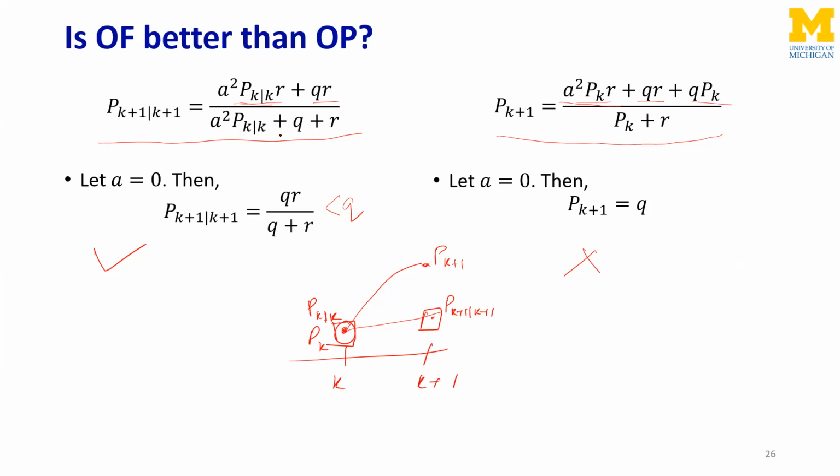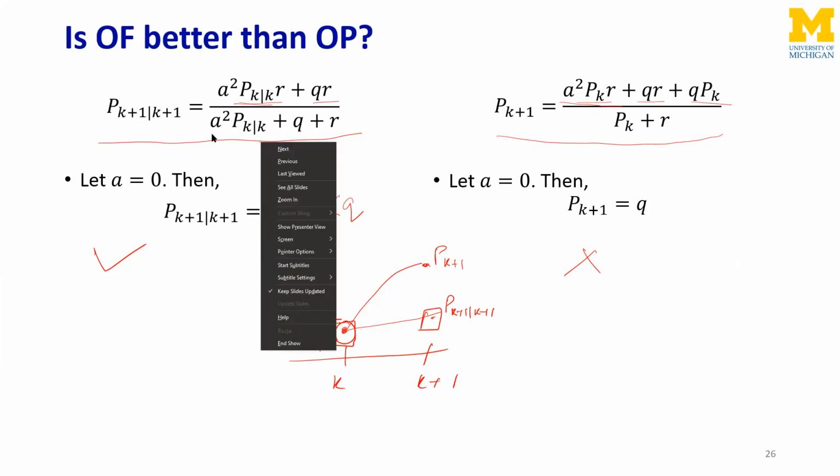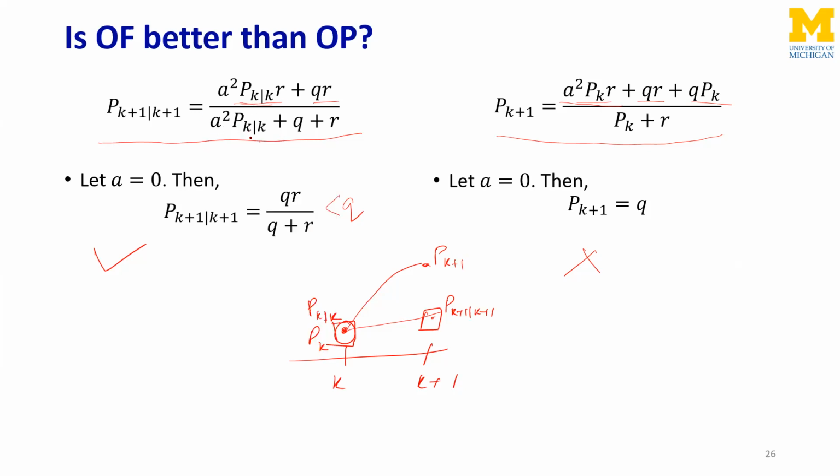Now let's look at the denominator. The larger denominator produces a smaller net value. So is this denominator smaller than this denominator? If I multiply with a squared, and if a is less than 1, then this is going to be less than this.